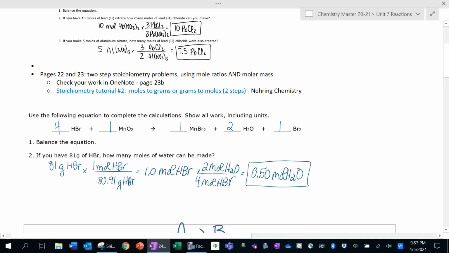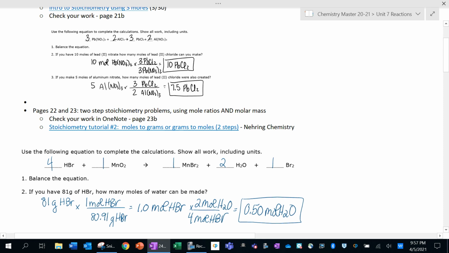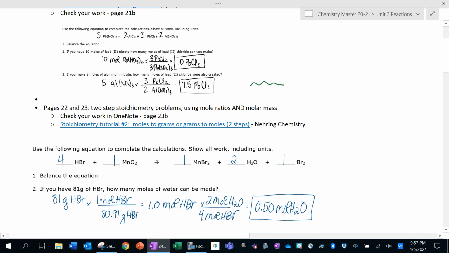A common way that people also like is setting up two fractions equal to each other and then cross multiplying. For example, if we go back up to this type of problem, you could say that if you have 5 moles of aluminum nitrate, you're trying to figure out how many moles of lead chloride, that's your unknown.